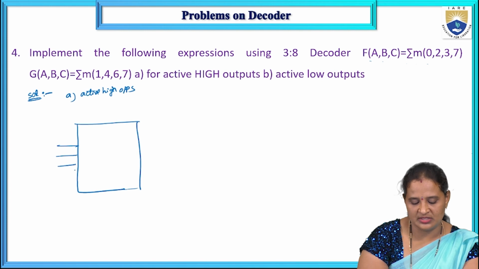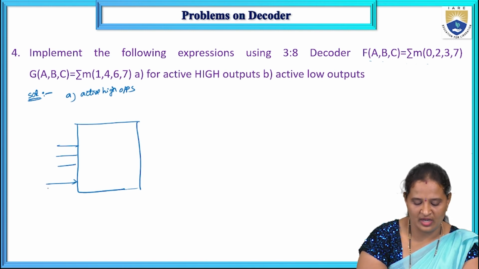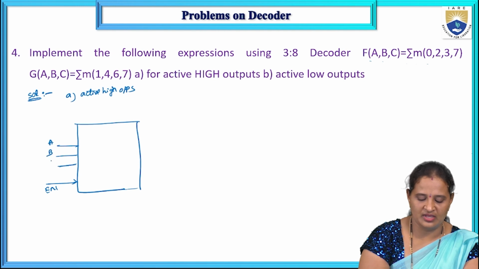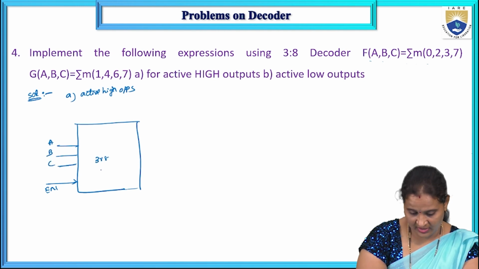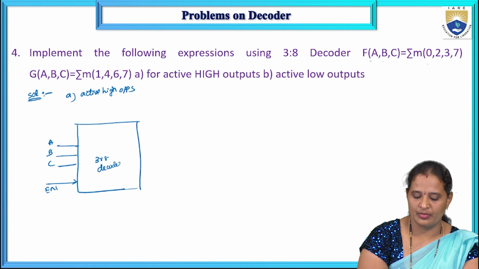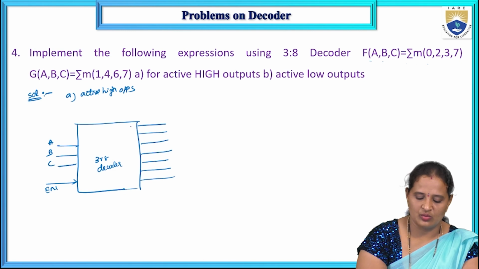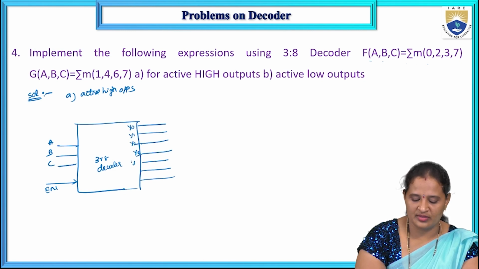So 3 inputs and anyhow we'll have an enable input. The 3 inputs are A, B, C. It is a 3 to 8 decoder with outputs Y0, Y1, Y2, Y3, Y4, Y5, Y6, Y7.